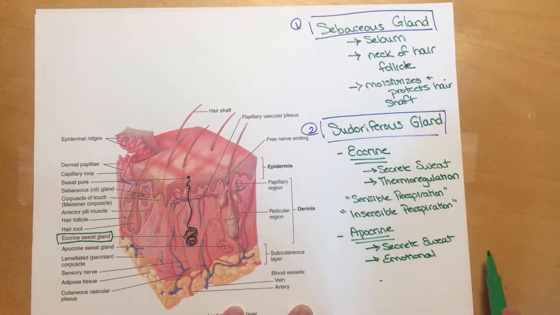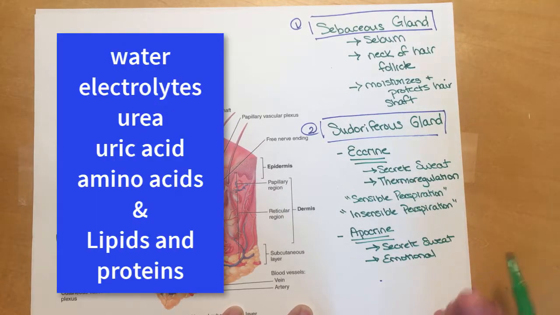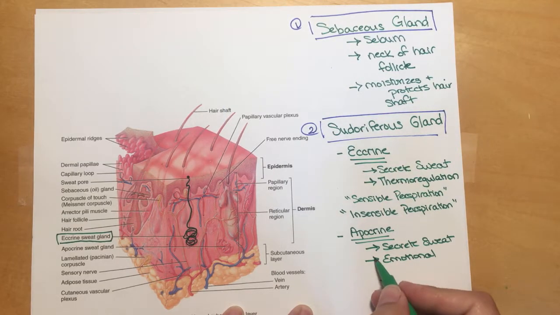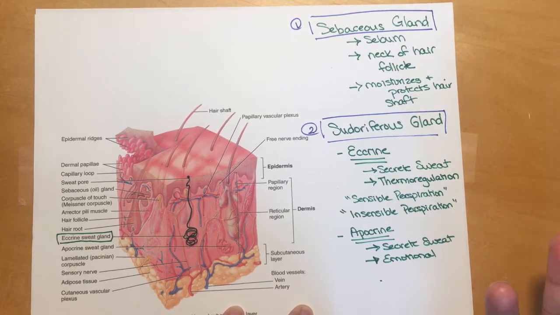The components of apocrine sweat are the same as eccrine sweat: water, salt, urea, ammonia, some amino acids, but they also include lipids and other proteins, which is why in your armpits and your groin, that sweat tends to be kind of stinky sweat, because there are bacteria that live on your skin that will digest those proteins and those lipids and will excrete and secrete things that cause body odor.